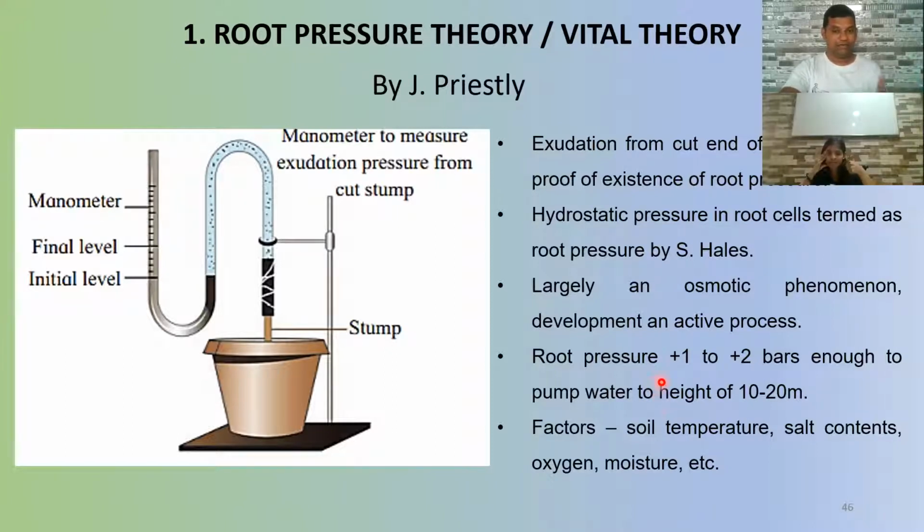But overall, this theory says that it is because of root pressure that the water is translocated upwards in the xylem. In essence, it is called the root pressure theory or vital theory. Understood well? That was the first theory.